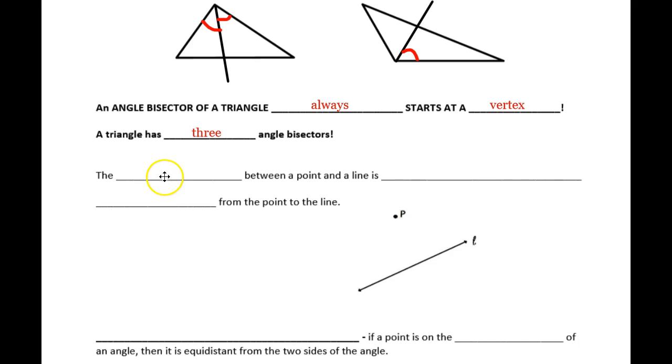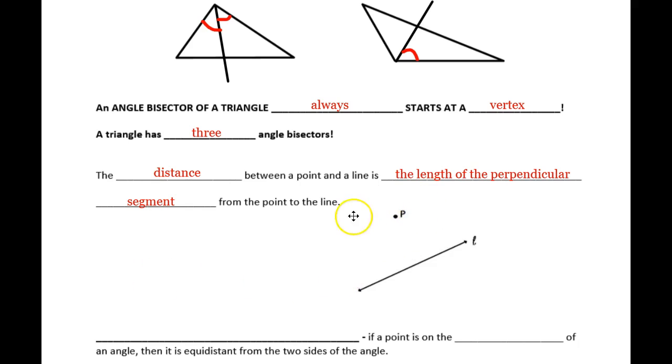Alright, so recall from the perpendicular and parallel lines unit that the distance between a point and a line is the length of the perpendicular segment from the point to the line.